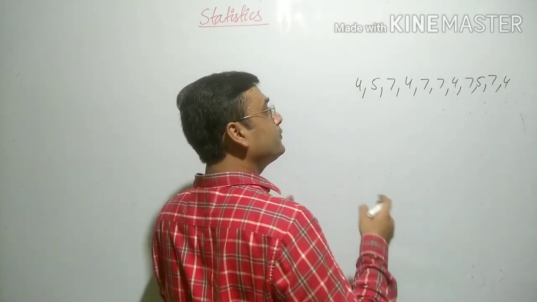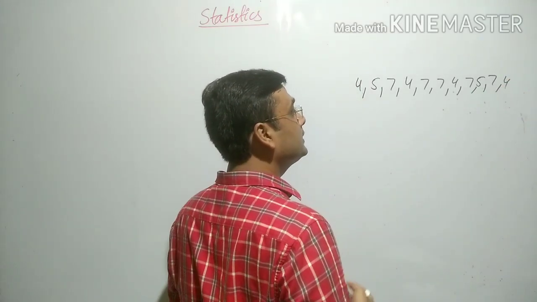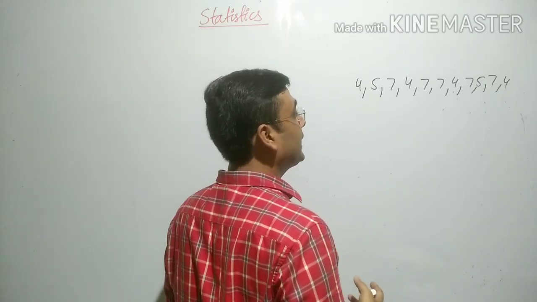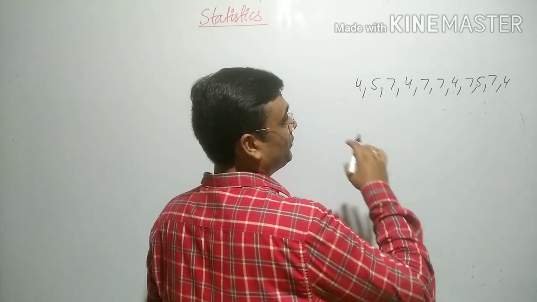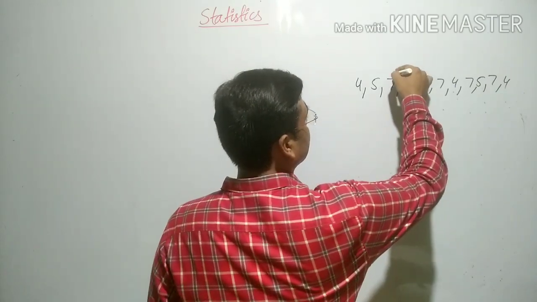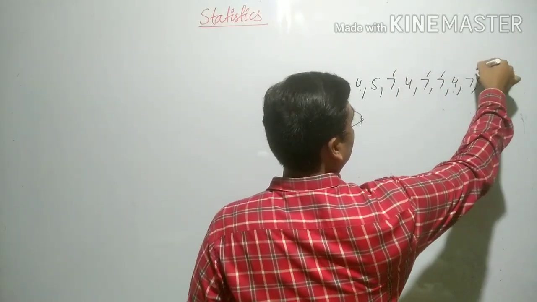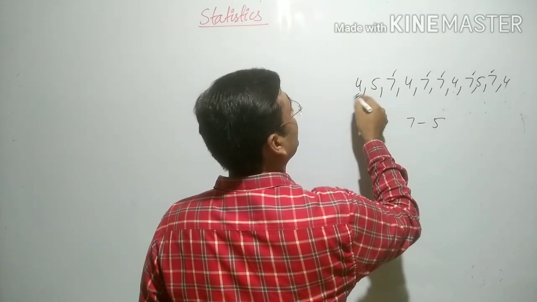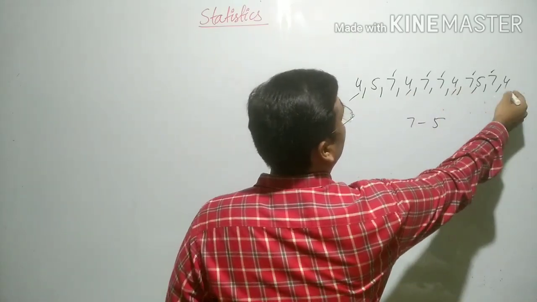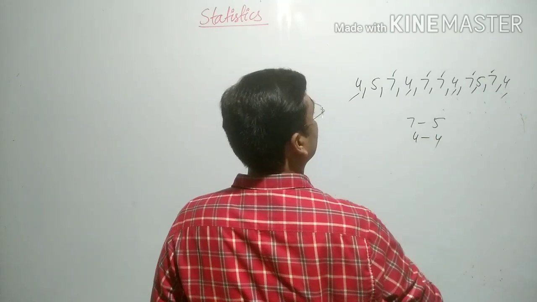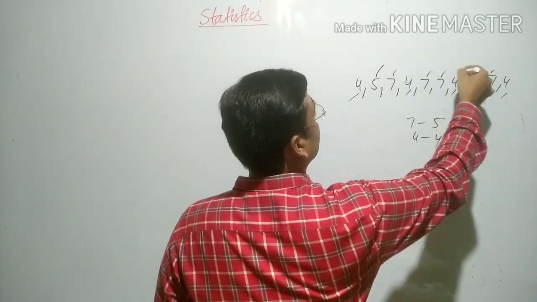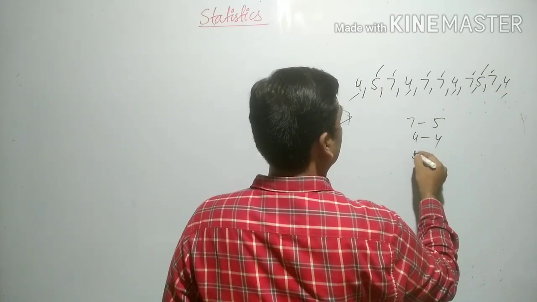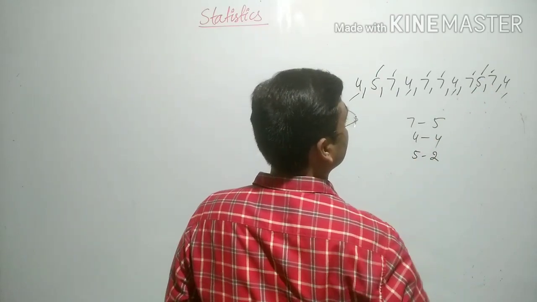So we will see which data is coming again and again, and that is maximum time it is coming. If we will observe, 7 is coming 5 times, 4 is coming 4 times, 5 is coming 2 times.